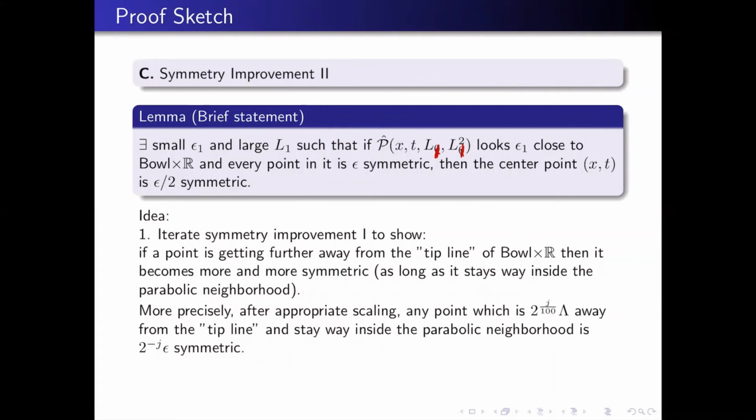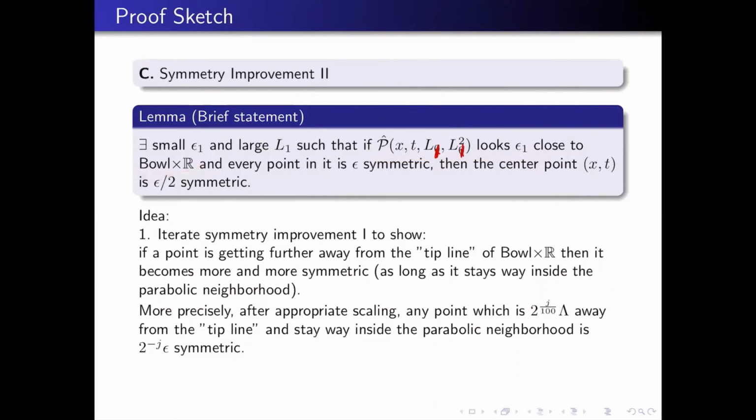So the statement is exactly similar except for two differences. One is we need to take a much smaller epsilon1 and much larger L1. The second is we only consider the parabolic neighborhood that resembles bowl cross R instead of S1 cross R2.